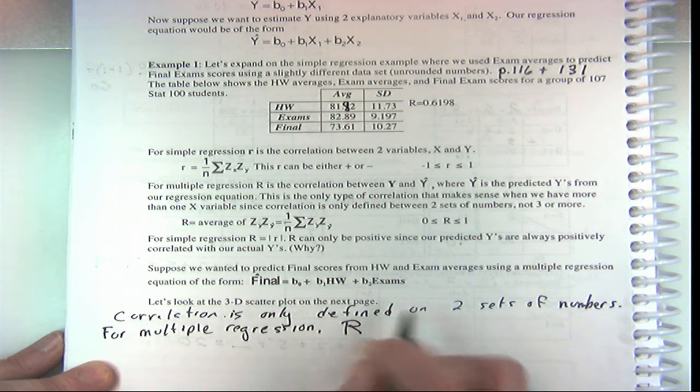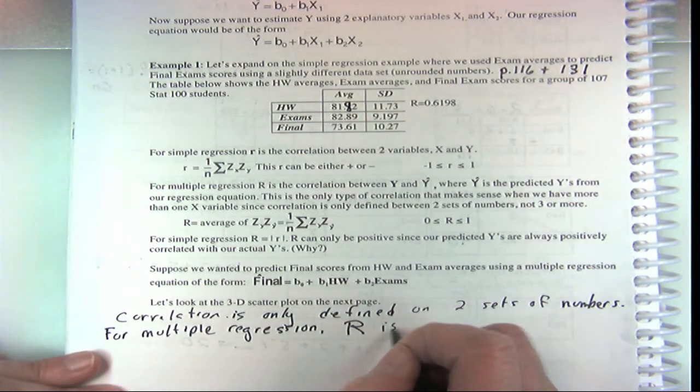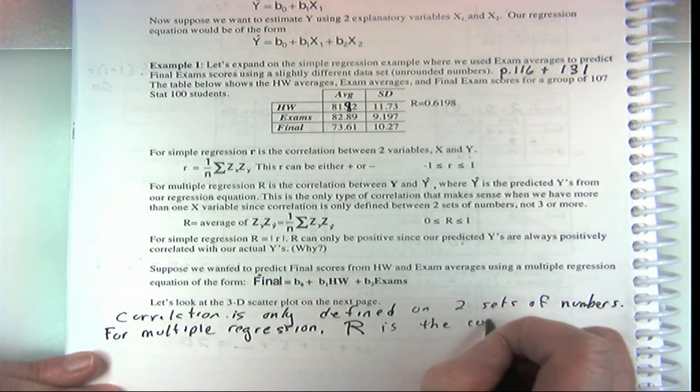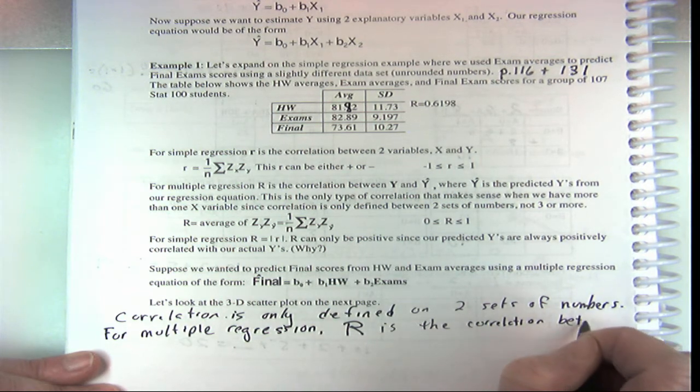This capital R, which can only be positive, is the correlation between two sets of numbers, and what are they?